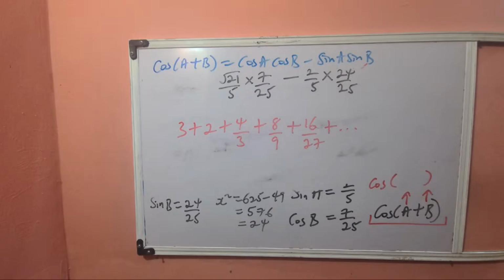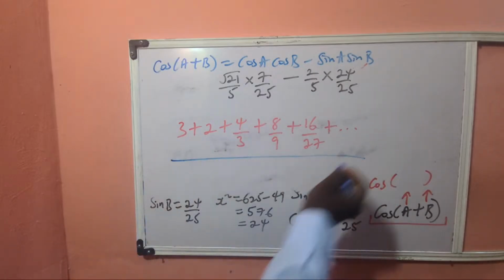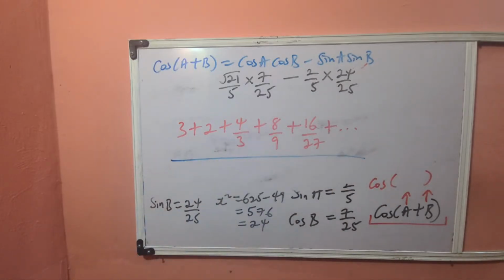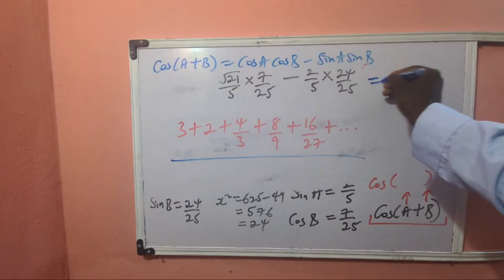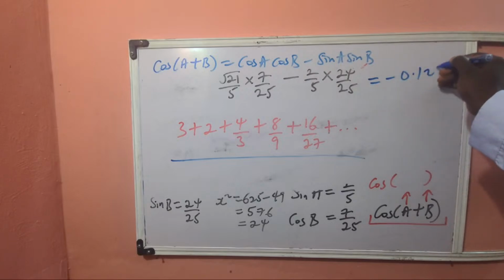You're told to find the sum to infinity of this particular series you have here. Find the sum to infinity. I do not think it's possible for you not to use calculator at all in our previous work. Okay, I think people are confirming the answer is minus 0.127.